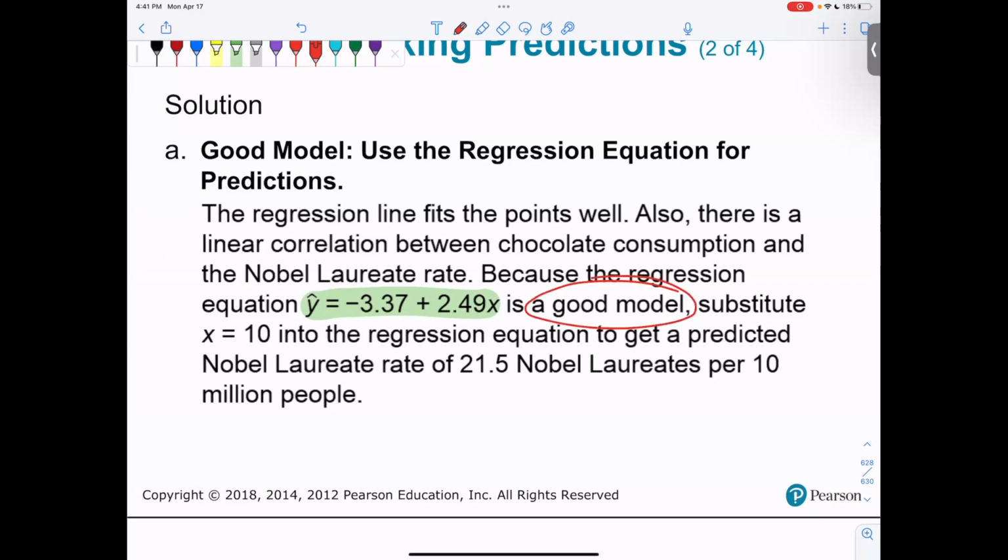Why? Two things. Because when we calculate R, we did say yes, we have linear correlation. And 10 is not far from, still it's in the range. So what we do, we plug in. We say y hat equal to negative 3.37 plus 2.49. That's it. And we will get the value, okay?